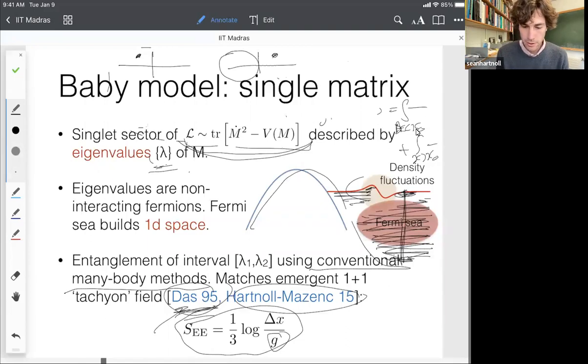And let me give you a sense of it. So you have your state psi, that was psi of x, right? That's in the position basis.